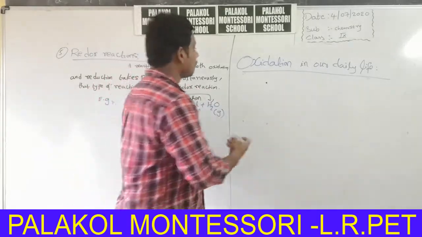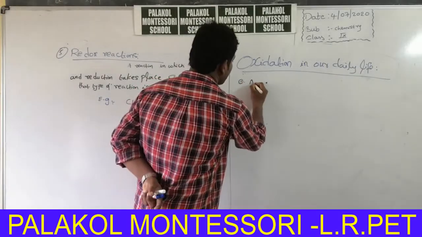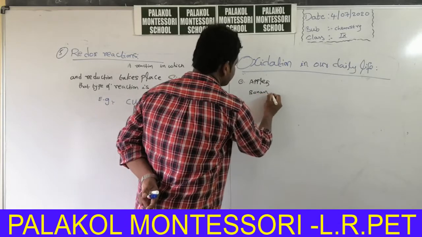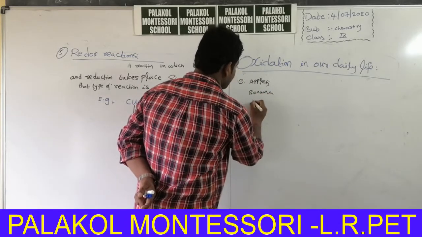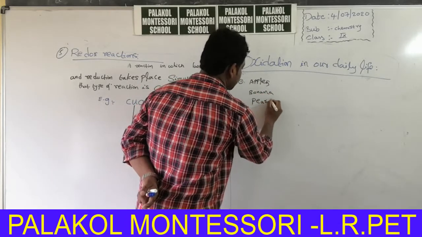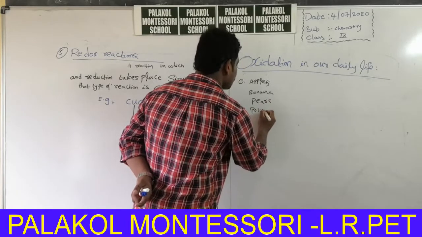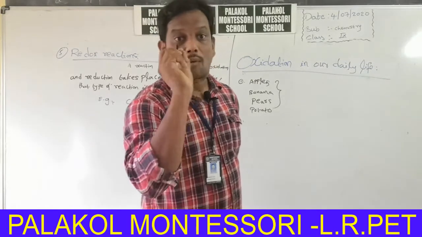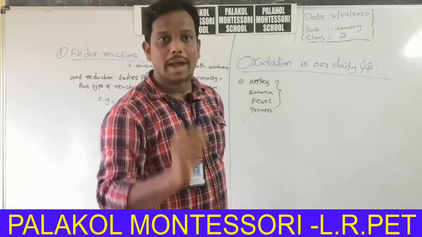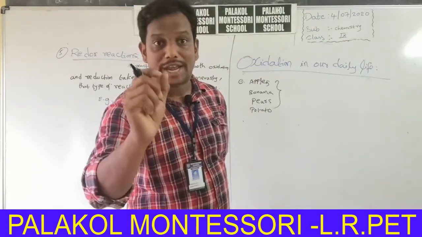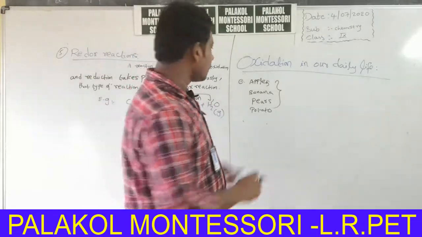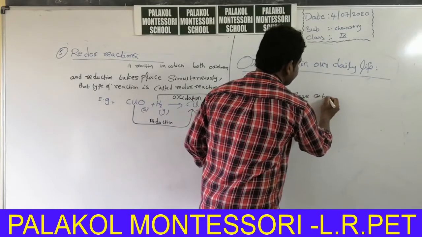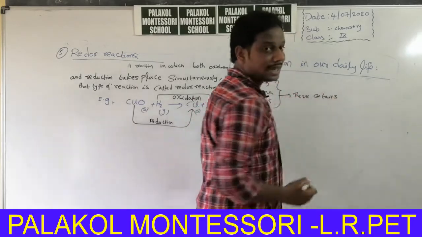First point: apples, banana, pears, potato. All these fruits contain one type of enzyme.